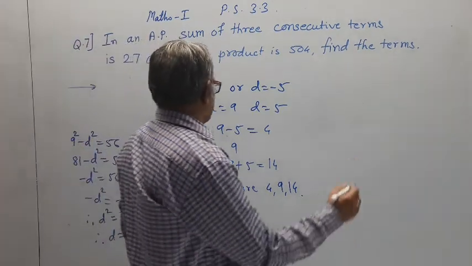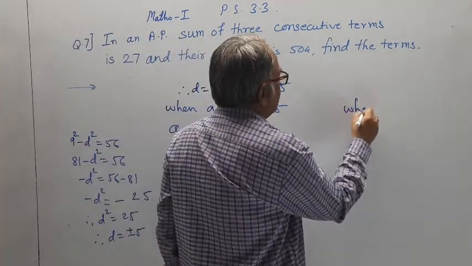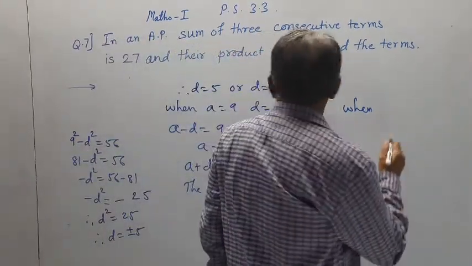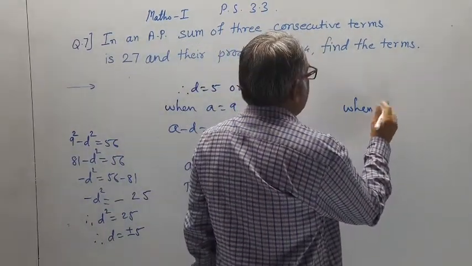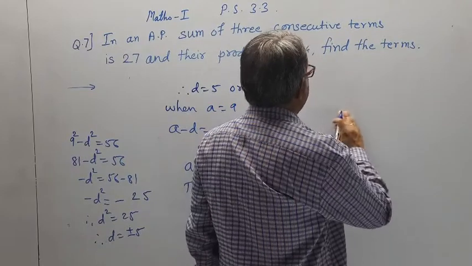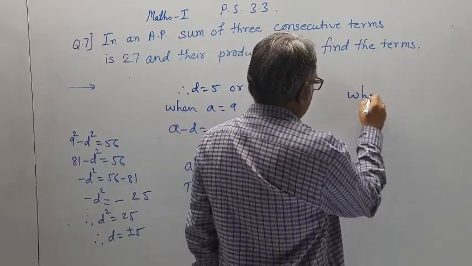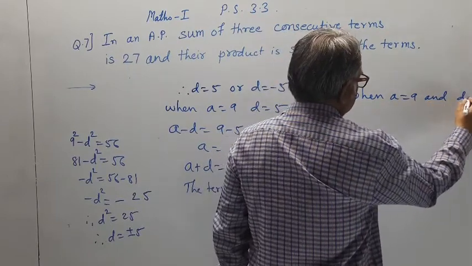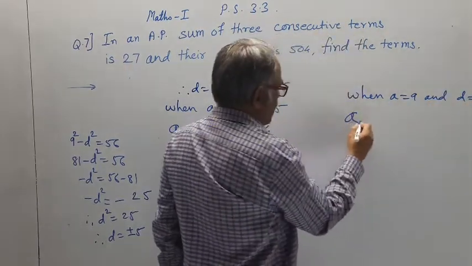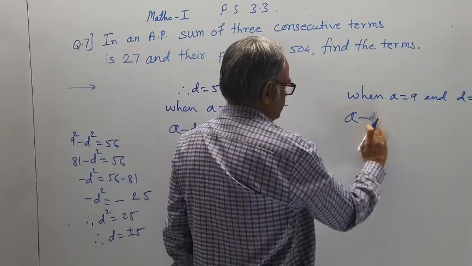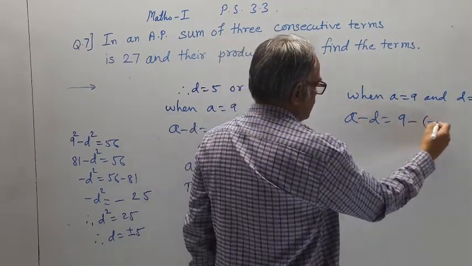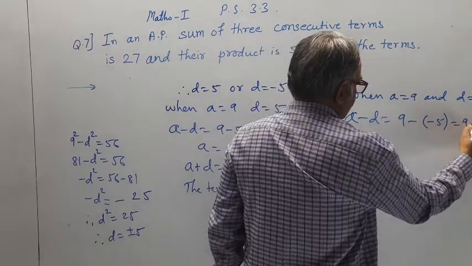Next part, I am writing it below this so that all of you can neatly observe. When a is 9 and d is minus 5, a minus d is 9 plus 5, 14.